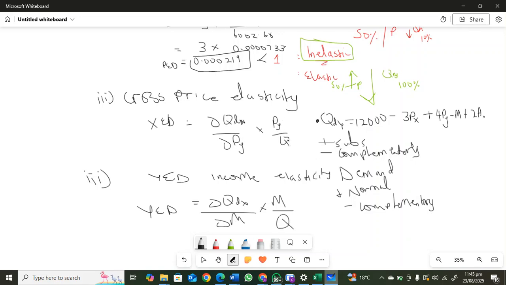Q will always stay the same, 6,002.68. M here is going to be, is it 10,000? Yes. Then you just multiply and see your values, and you'll be able to determine if they're substitutes or complementary goods.